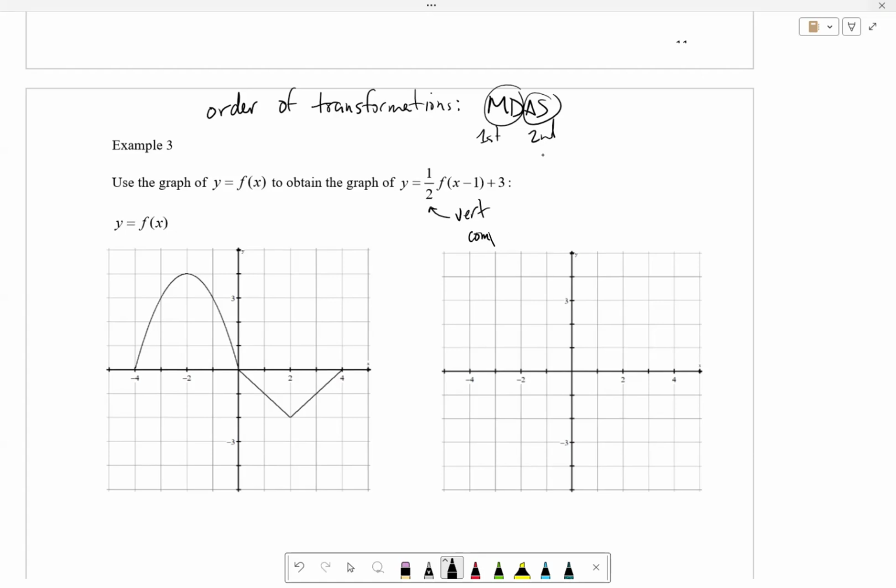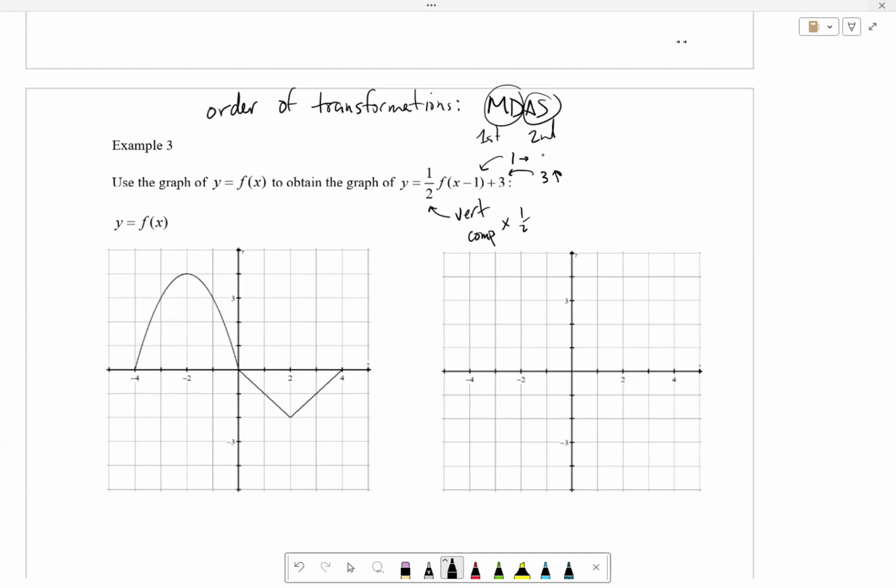I'll say times 1/2. This 1, please show me what that 1 does. It moves it 1 to the right. And then this 3 is going to move it 3 up.